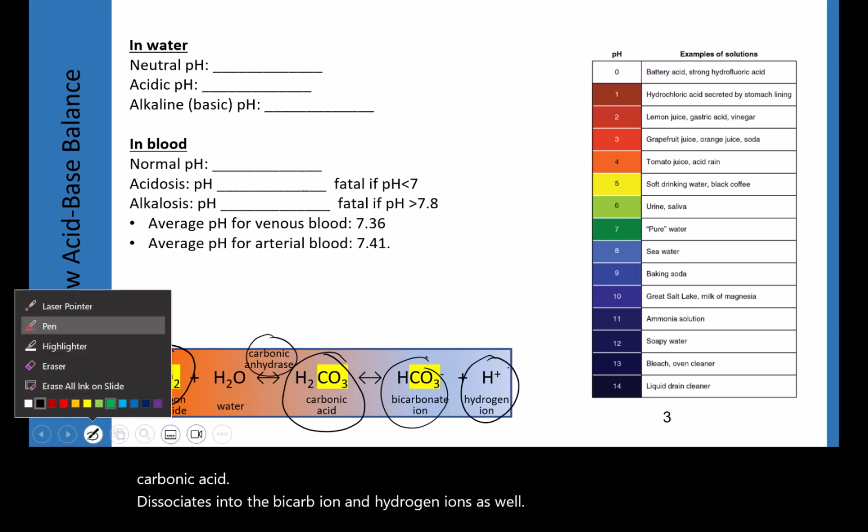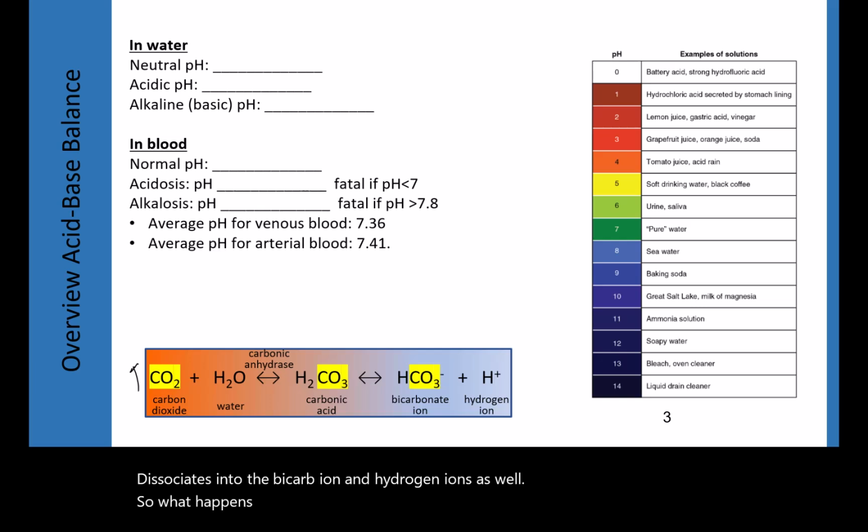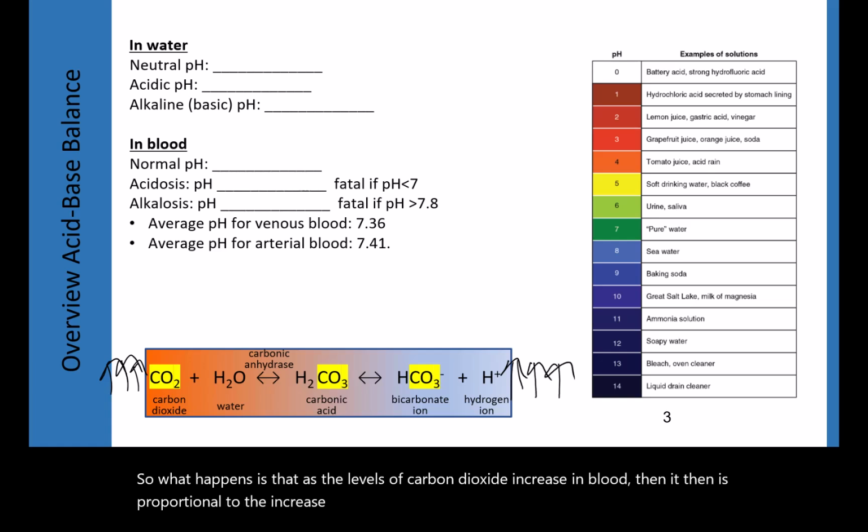So as the levels of carbon dioxide increase in blood, it is proportional to the increase of proton concentration in blood, and therefore it lowers pH.